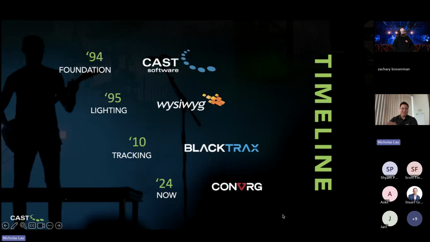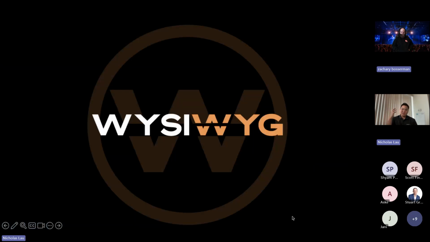So as you can see here, CAST is not new to the block. We have years of innovative experience solving problems in the industry, making your workflow easier and faster. So the main focus today, of course, is WYSIWYG.